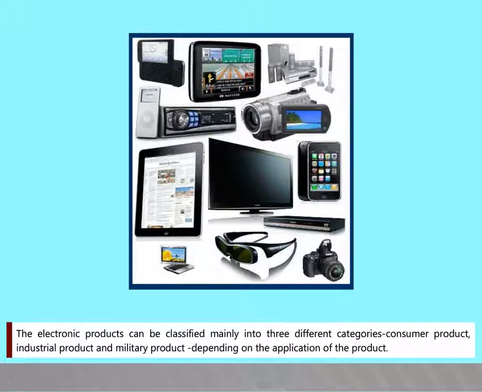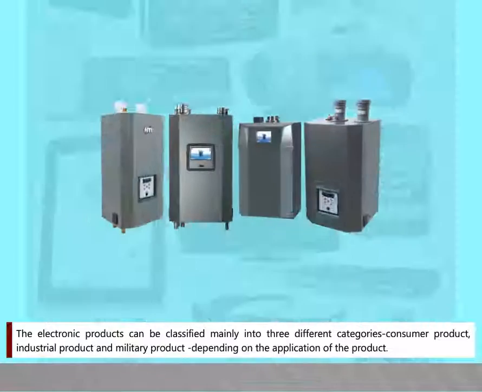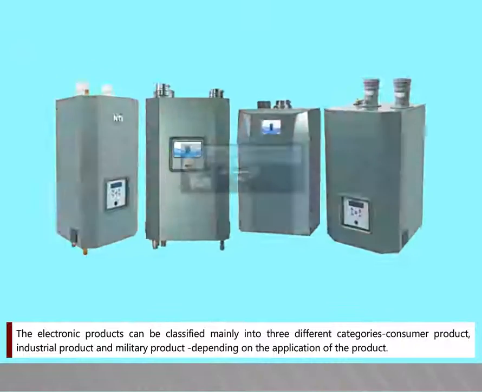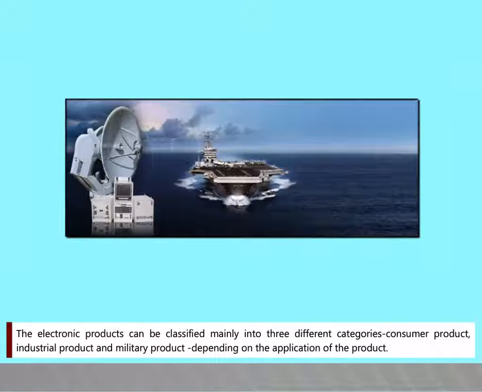The electronic products can be classified mainly into three different categories: consumer product, industrial product, and military product, depending on the application of the product. The typical application of the product decides the characteristics and specifications of the product.